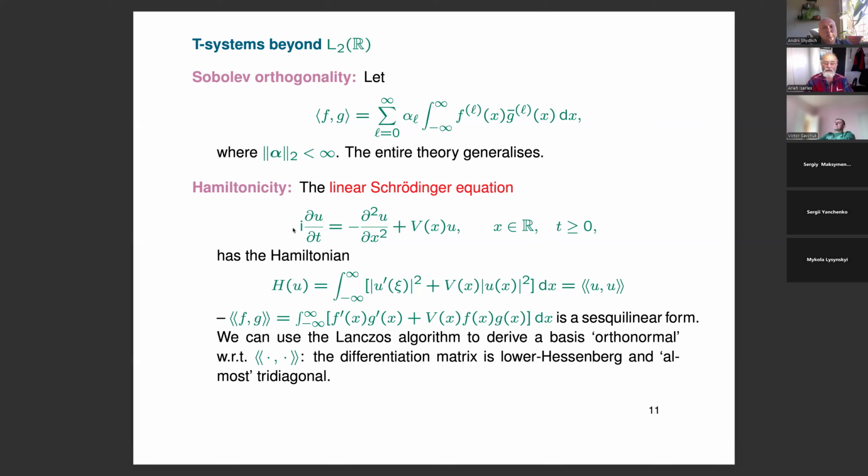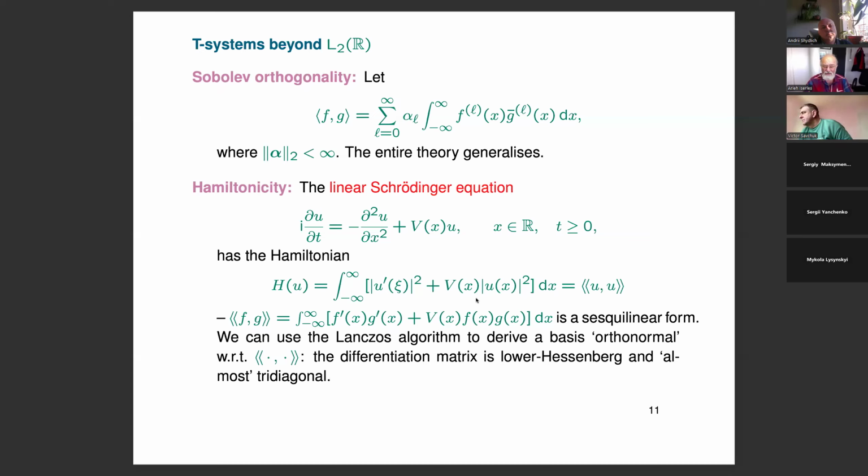Hamiltonicity. So suppose that we have a linear Schrödinger equation in one dimension. Here is the equation. This is the interaction potential. This is the kinetic energy. Everything, of course, is complex. This equation has a Hamiltonian, which is the integral from minus infinity to infinity of mod u prime squared plus V(x) mod u squared.